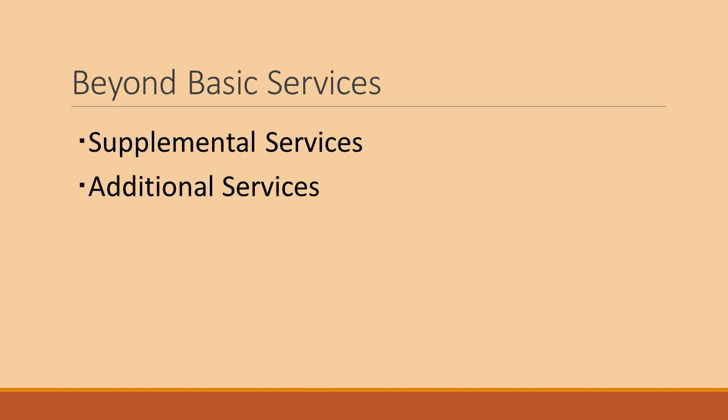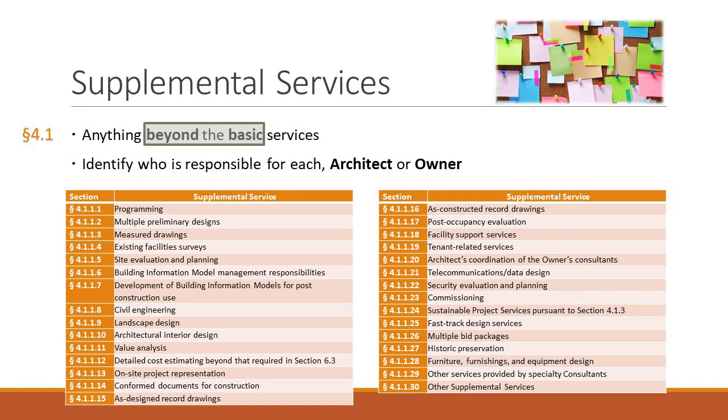All right. So there are 2 types of services that are performed. You have supplemental services and you have additional services. And what's the difference between the 2? Supplemental services, they say, are listed below, and I have this in parentheses as a chart in 4.12. In the AIA documents, there's this long chart of all these different types of things.